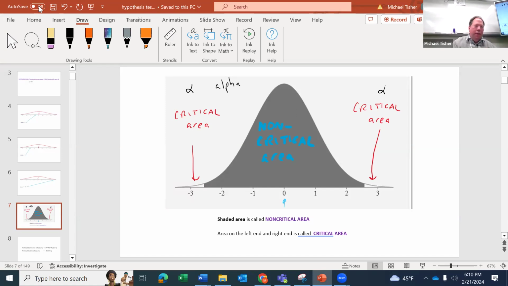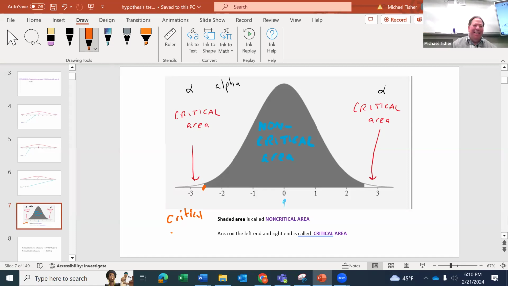Okay, now as a little review, what's the boundary points between the critical area and the non-critical area called? The Z-score? It's a good guess. These are called critical what?